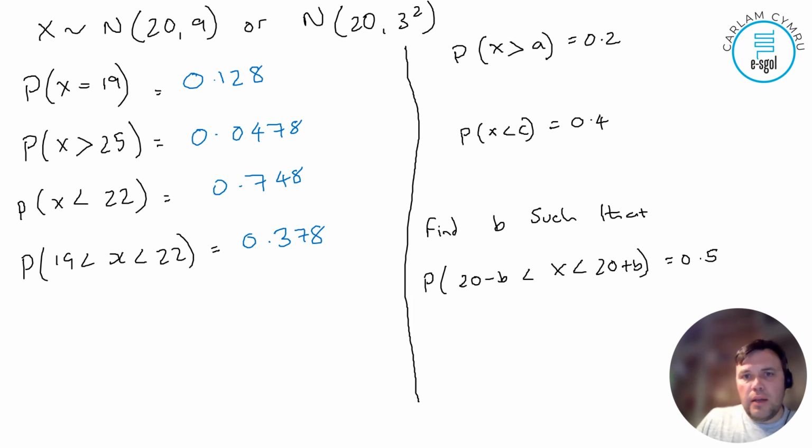Here we have something slightly different, where you are told that the probability of X being greater than a is equal to 0.2. So if we were to draw this bell-shaped curve, it would go up, round and down like that. So there is 20% shaded in.